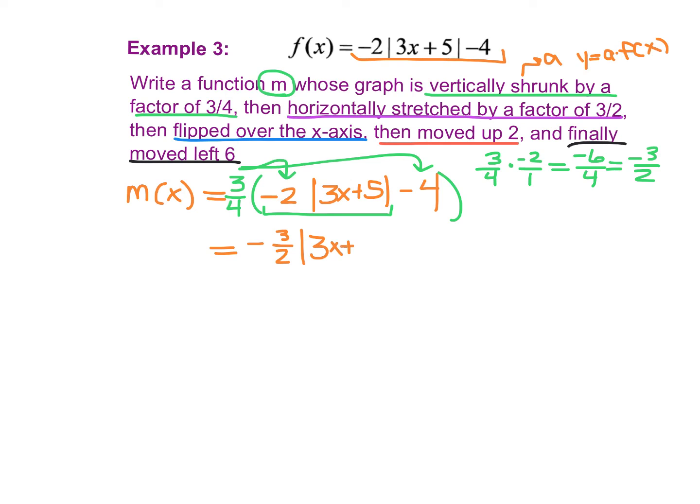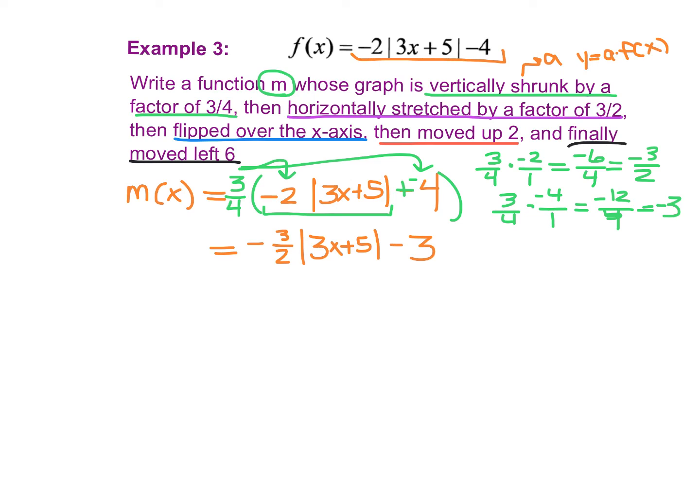The 3x plus 5 remains untouched on the inside. And then 3/4, I'm going to use keep change here quick, times -4/1. That becomes -12/4, which becomes a -3. So then we have a -3 here on the outside. So I've taken care of that first vertical shrink by multiplying the entire function by 3/4.